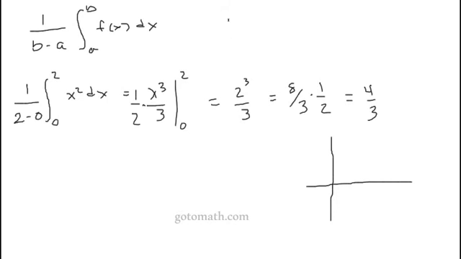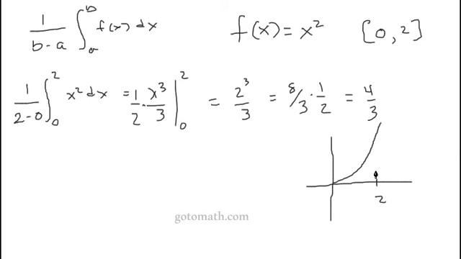And if we looked at the graph here, I should have stated that f of x is equal to x squared. We're on the interval between 0 and 2, and we want to find that average value. So we're going to sketch out a graph here. Let's say that this is 2. Now remember, the mean value, we were looking for a c here.